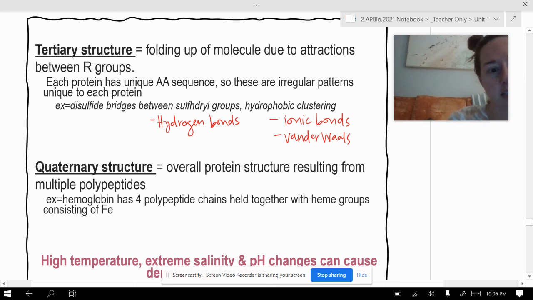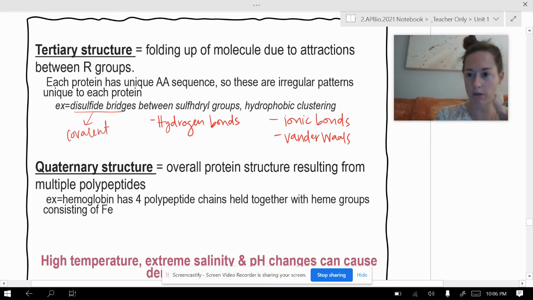They can be this disulfide bridge. This is really strong. This is covalent. This only happens when there's two sulfur groups. And then there's also this hydrophobic clustering, which is like what I showed with the phospholipids, if they group together. That's your tertiary structure. Once you finish that, you'll have a 3D protein.